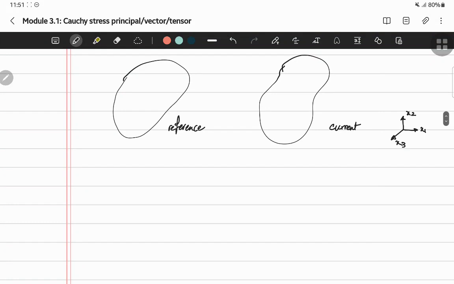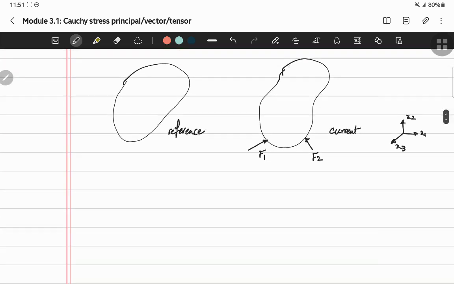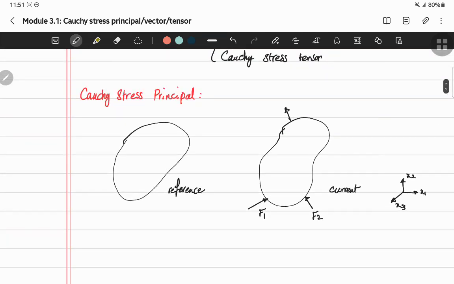So far, as I already said, we discussed the concept of deformation in the absence of forces, and now we have forces. So suppose that you have some forces here, like F1, F2. Let's say that some of them are in tension, so F3 and F4.